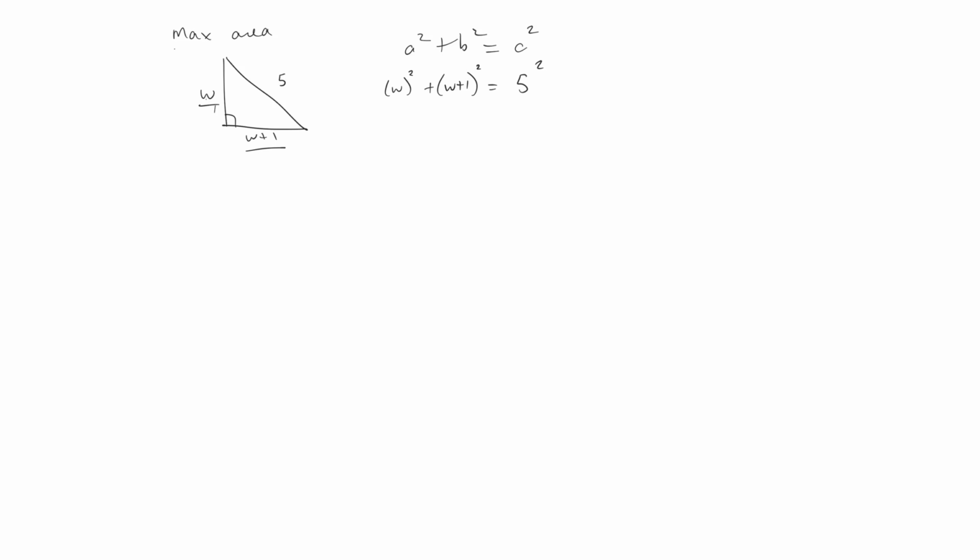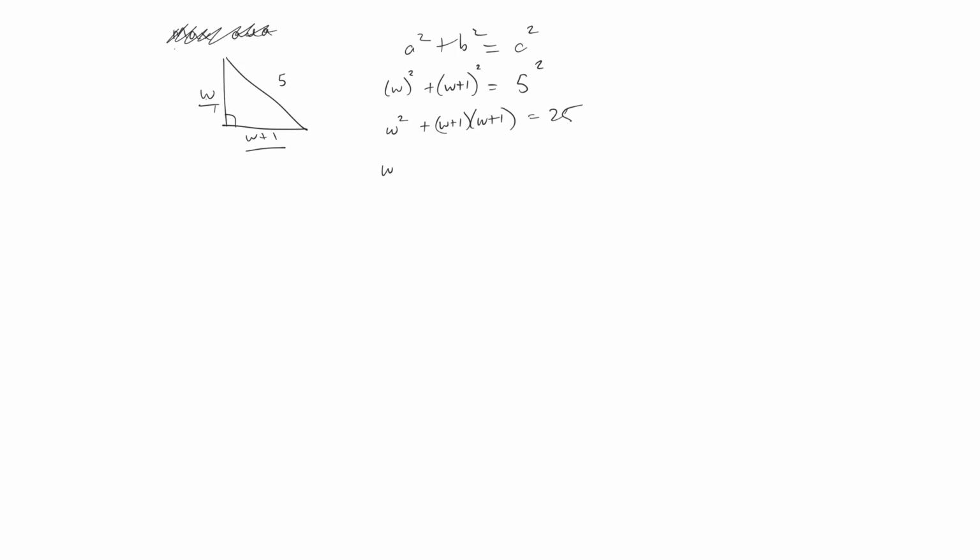So if I'm looking to find the maximum, is it the maximum area? No, I think they're just trying to find what the width has to be. Anyway, let's just continue on. So this is w squared plus, and this one is squared, so I have to FOIL it out, equals 25.